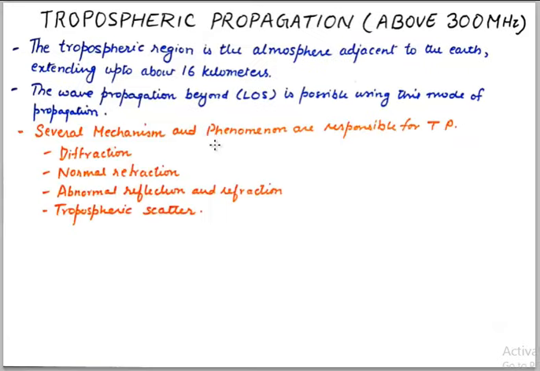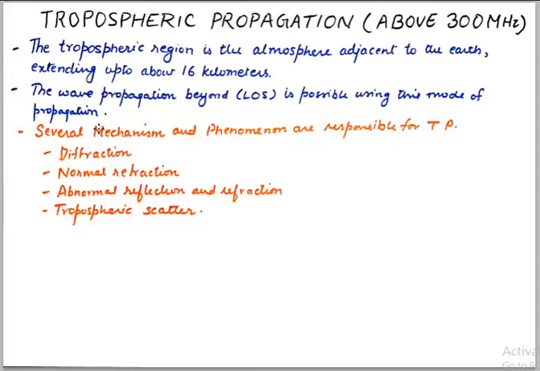Now, several different mechanisms and phenomena are responsible for tropospheric propagation. I need to specifically mention these phenomena because of which a different kind of propagation has evolved, and these phenomena are listed here. Diffraction is already known to you, that whenever a wave hits a solid body in the atmosphere, it is subjected to change its path, which is known as diffraction.